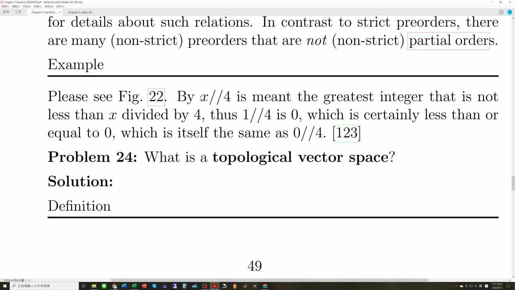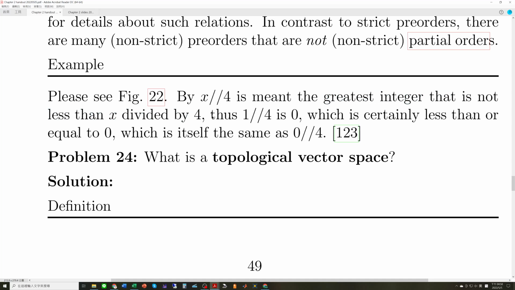By x double slash 4 is meant the greatest integer that is not greater than x divided by 4. Okay, do you understand? Okay, let us see again. x double slash 4 is the greatest integer that is not greater than x divided by 4.